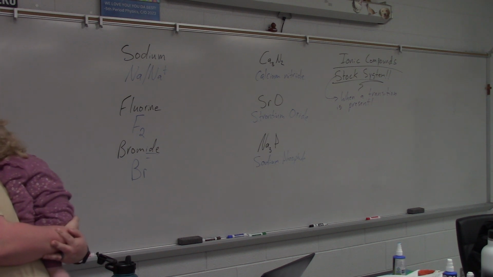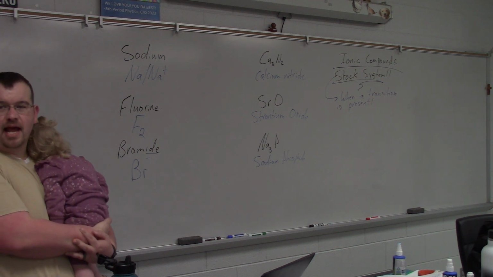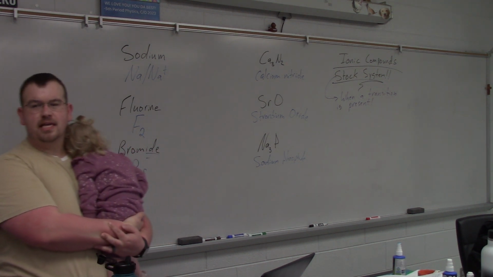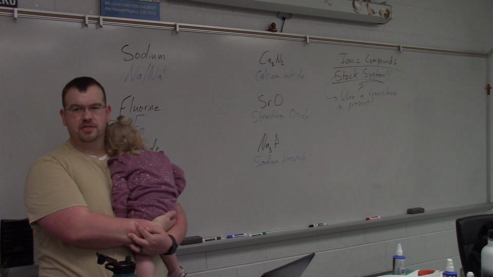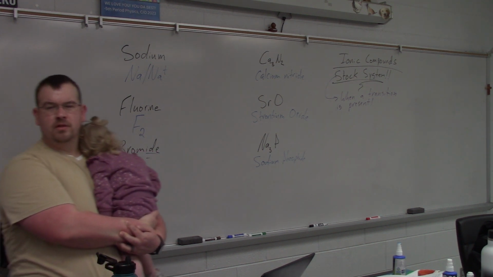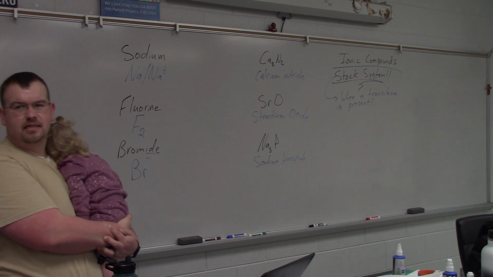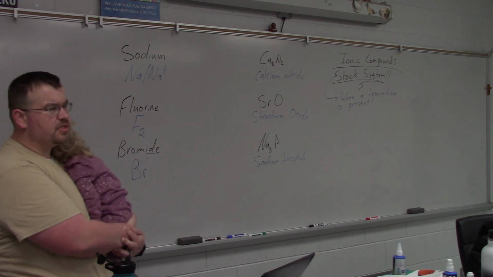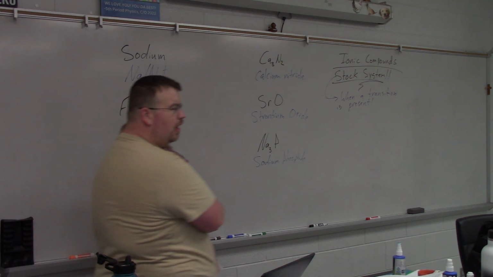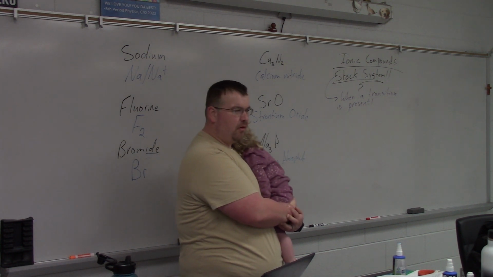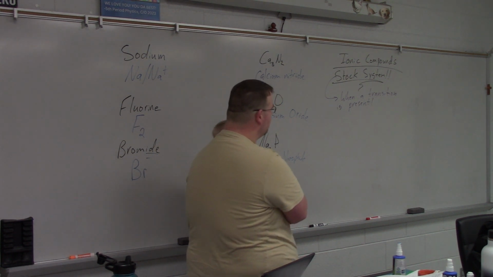So use the stock system whenever a transition metal is present. Now, there are some that are not in the transition metals that we would still use this with. So ones like lead, tin, stuff like that, you're still going to use the stock system with it. But I'll stress that more to you later on.